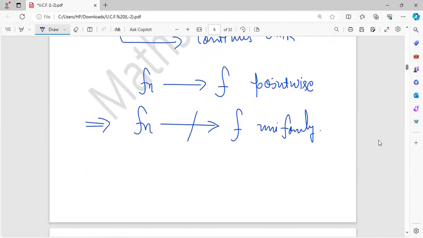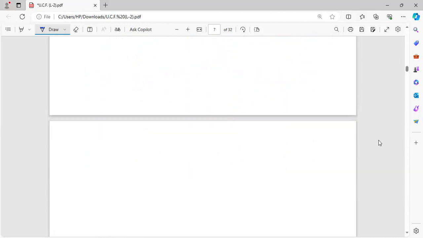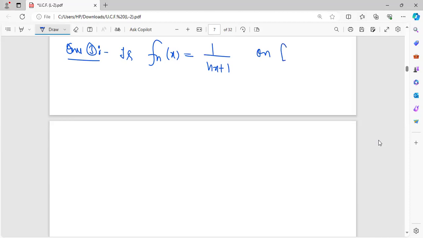Okay. So now see example number 3. We have done it. Is fn x is equal to 1 upon nx plus 1 on 0, 1 uniformly convergent?